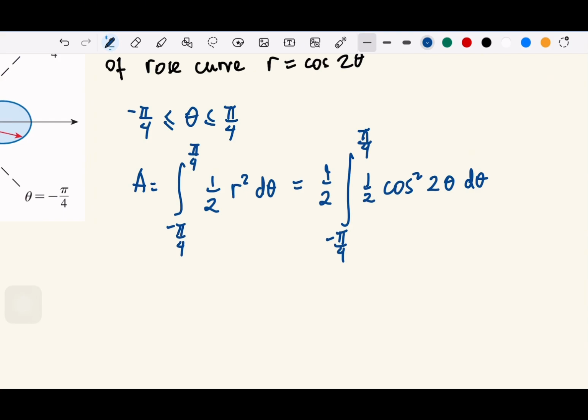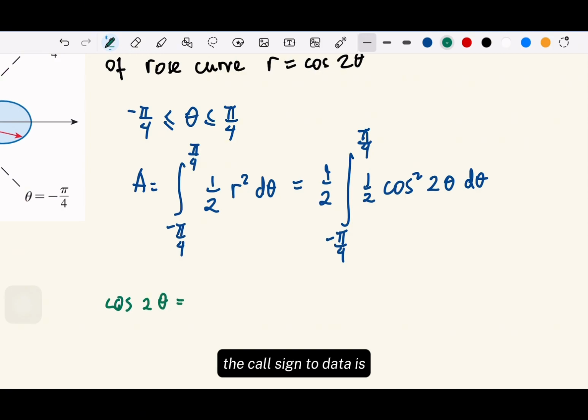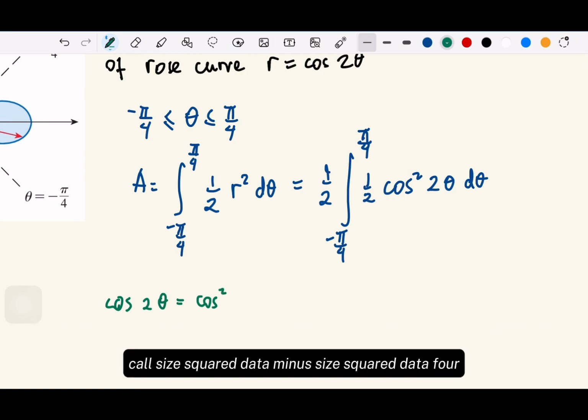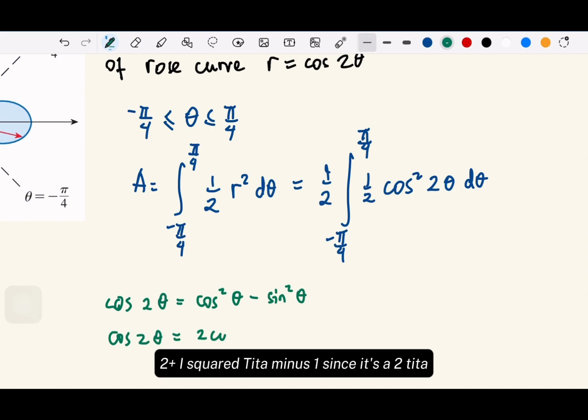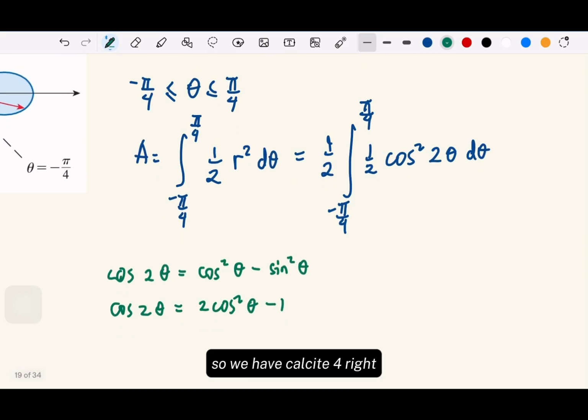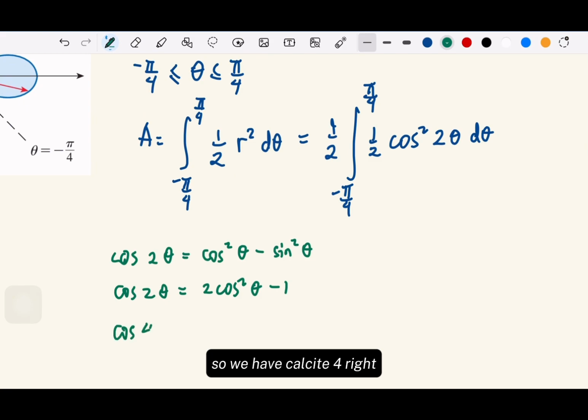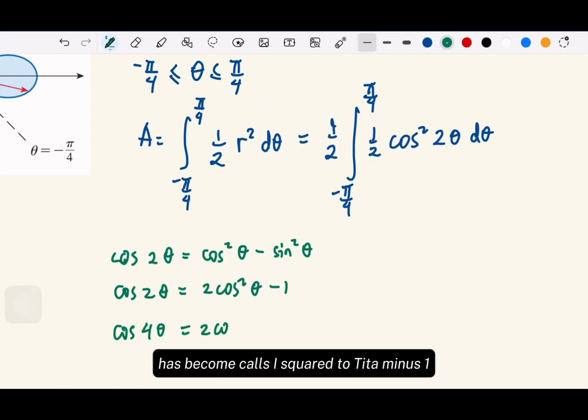So cosine 2 theta is cosine squared theta minus sine squared theta, or 2 cosine squared theta minus 1. Since it's 2 theta, we have cosine 4 theta, and it becomes 2 cosine squared 2 theta minus 1.